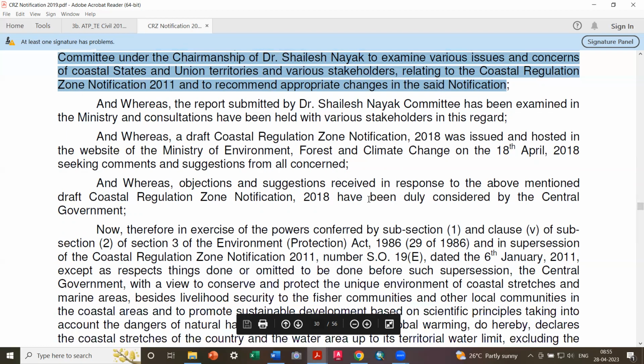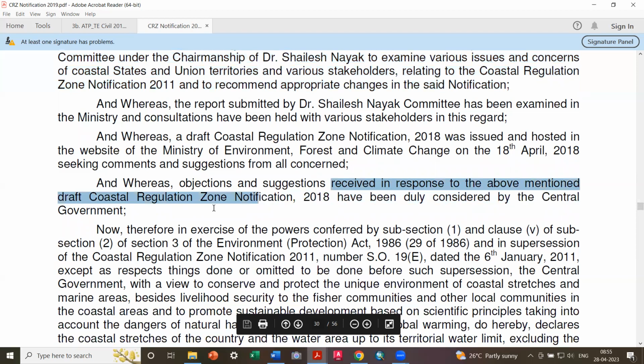So whereas objections and suggestions were received, there is always scope for discussion, improvement, and taking objections, hearing the affected people. Responses to the above mentioned draft Coastal Regulation Zone notification 2018 have been duly considered by the central government.